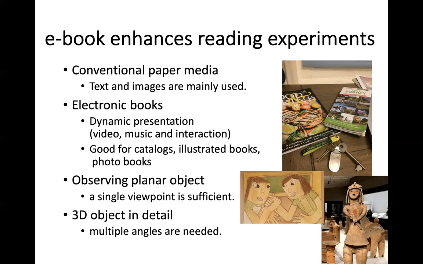When we observe a planar object like calligraphy and painting, observation from a single viewpoint is sufficient. However, when we observe a 3D object like a statue and artifact in detail, observation from various viewpoints is needed.